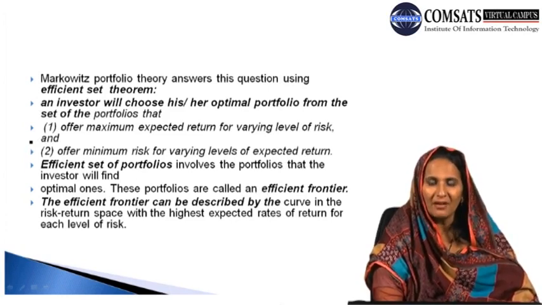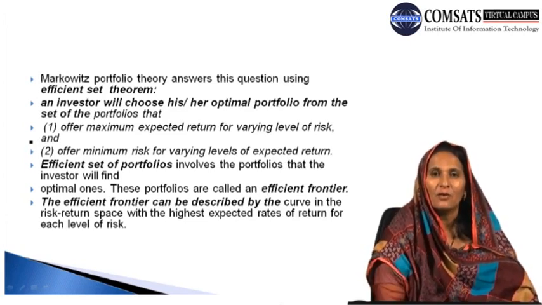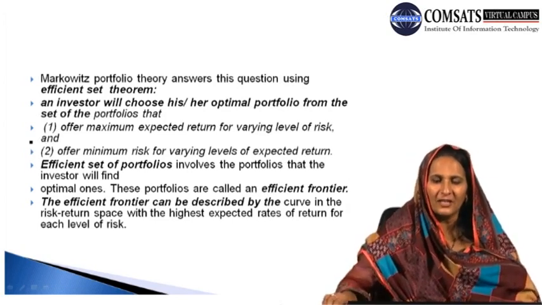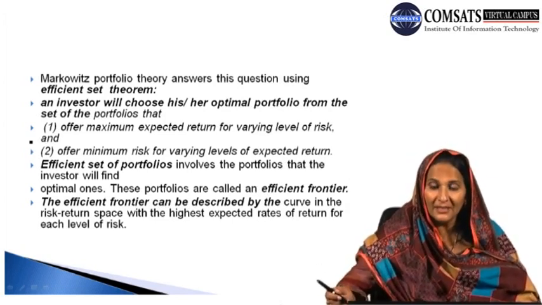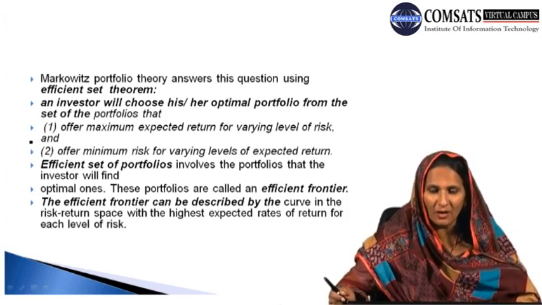And what is the optimal one? The efficient one that gives the minimum cost of investment to the investor and the maximum possible benefit of the investment. And these portfolios are called the efficient frontier. The efficient frontier can be indicated by a curve which is known as the frontier, but is made in an efficient manner.